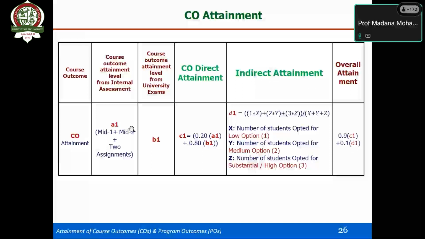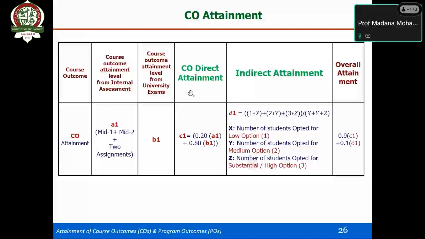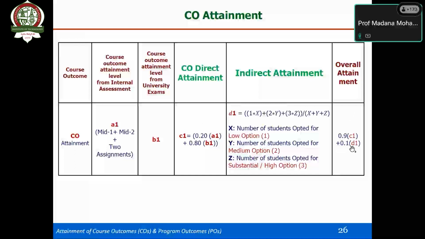So like that, first we have to do the internal evaluation attainment value calculation separately, then the end examination attainment calculation, then CO direct attainment based on these two, then indirect attainment based on the responses of the feedback, then finally overall attainment with a combination of direct attainment and indirect attainment.